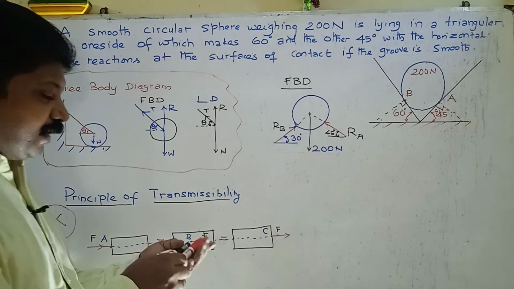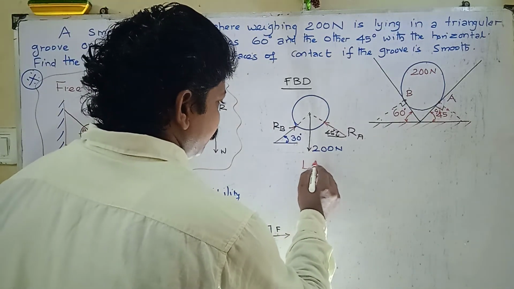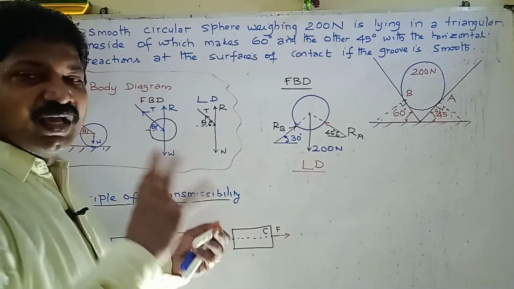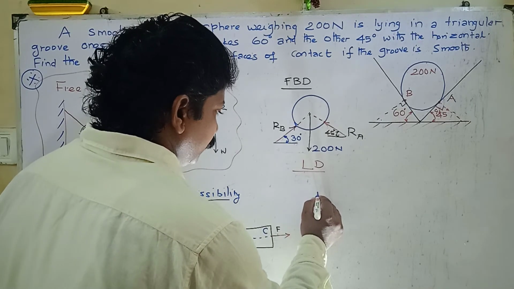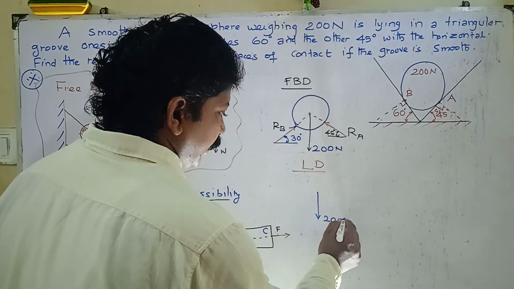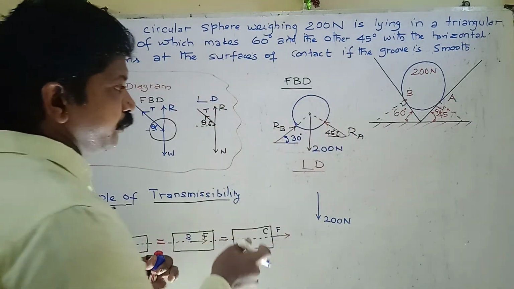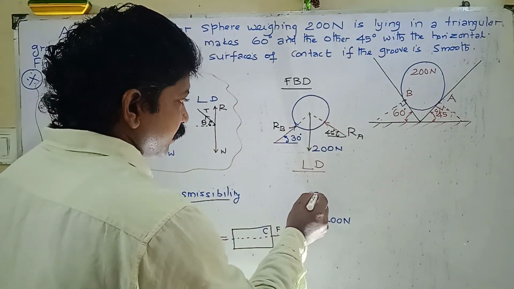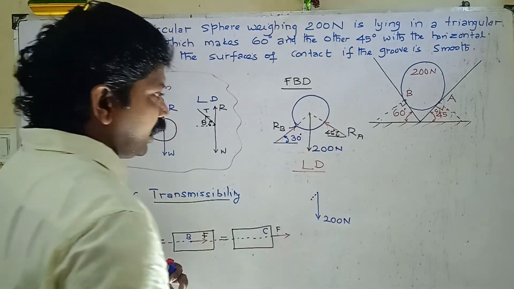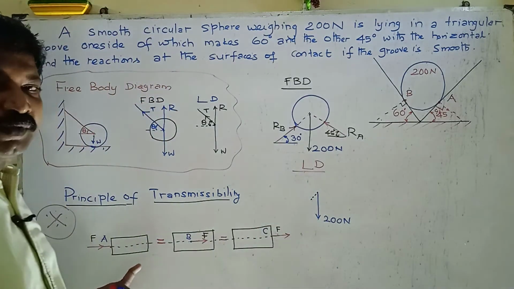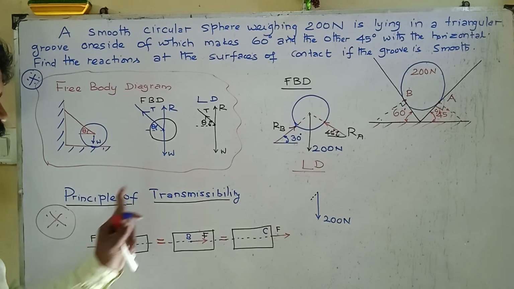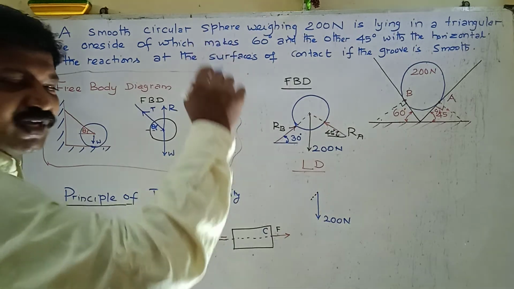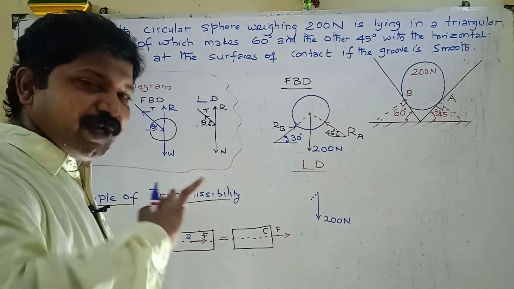Now convert this free body diagram into a line diagram. How to convert into a line diagram? Remove the ball. So weight 200 Newton, weight of the sphere, and reaction at A. Now apply the principle of transmissibility. A force acting at a point on the body shifted to any other point on the same line of action, then the external effect of the force remains unchanged.